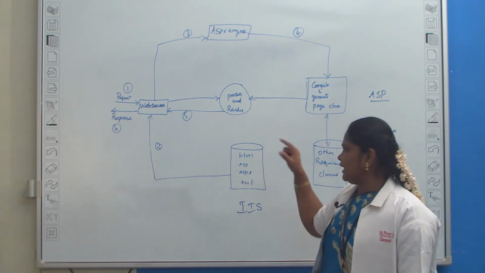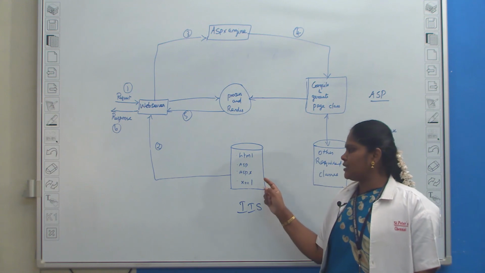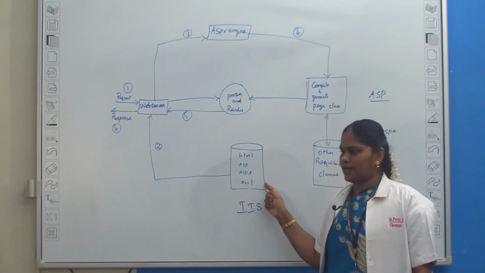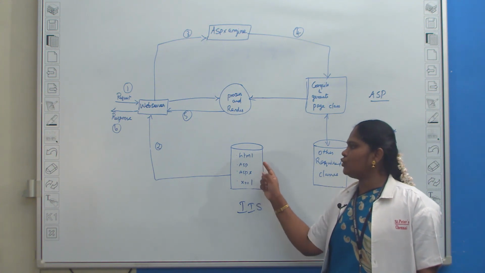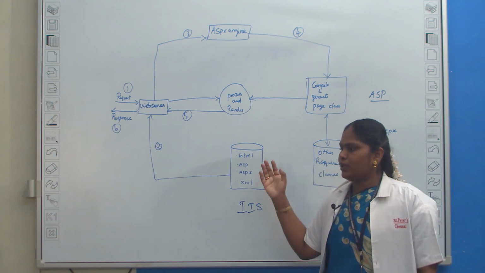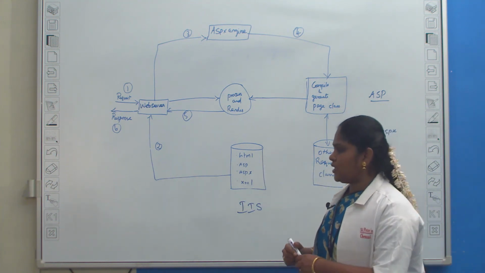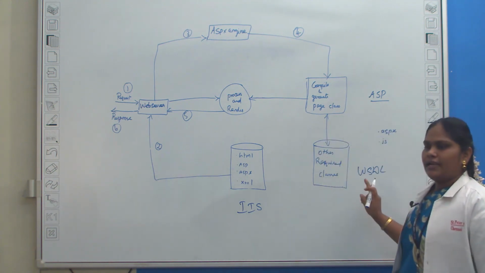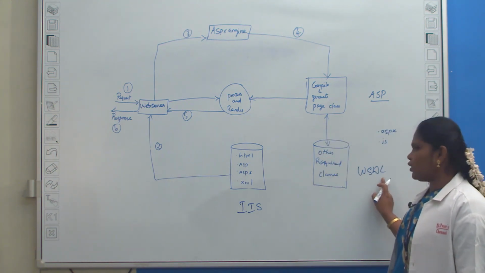Previously with JavaScript, it was a little tedious to connect with XML content, but it is very easy to connect XML with ASP. It also works with XML as well as WSDL, the Web Services Description Language.